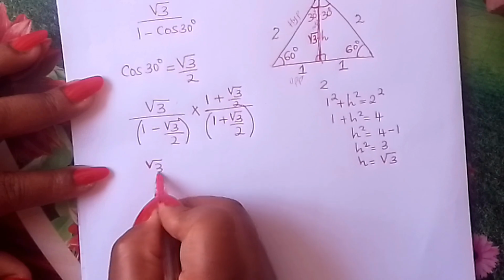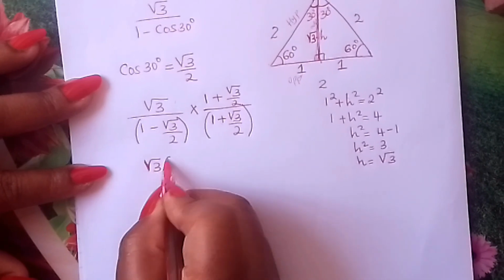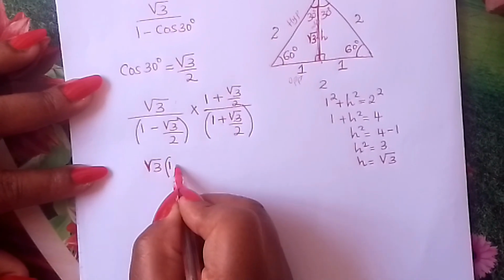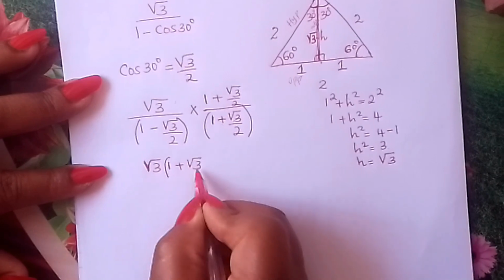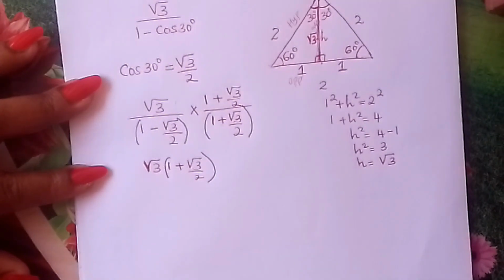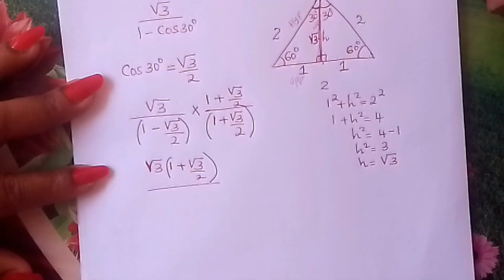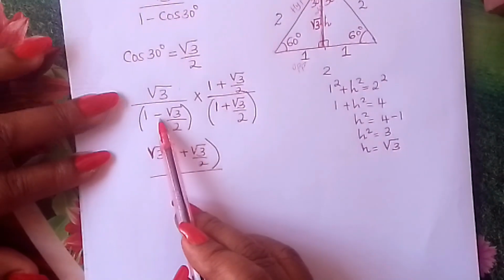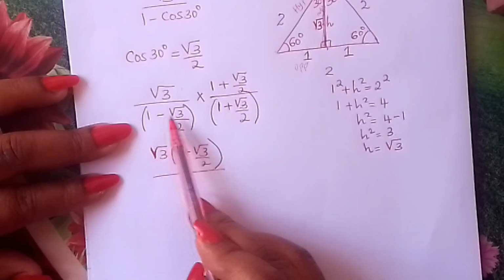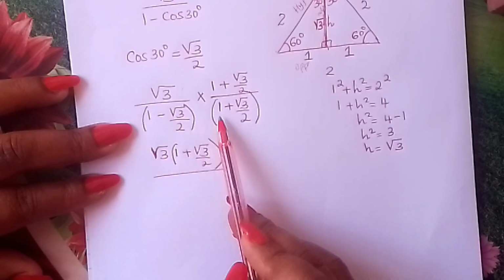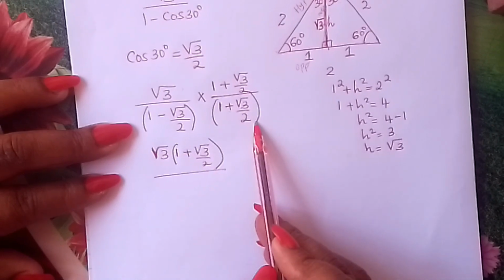We can go about it this way: root 3 multiplying the bracket 1 plus root 3 over 2, divided by 1 minus root 3 over 2 times 1 plus root 3 over 2.